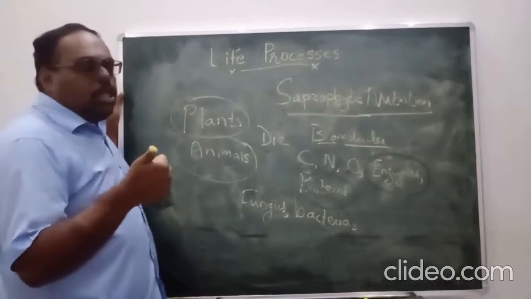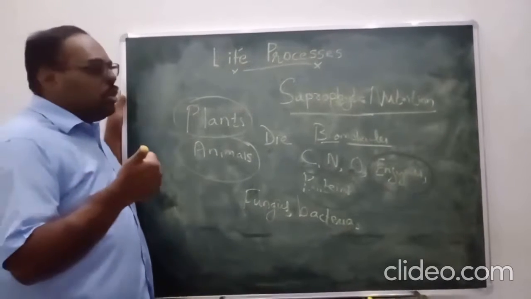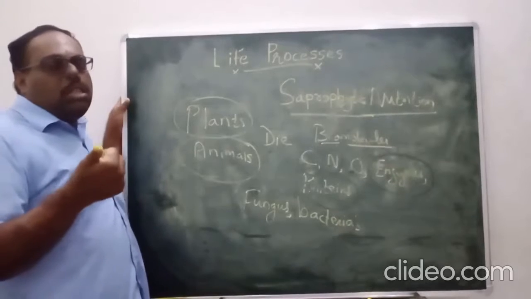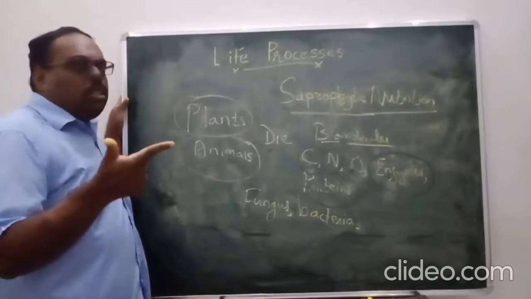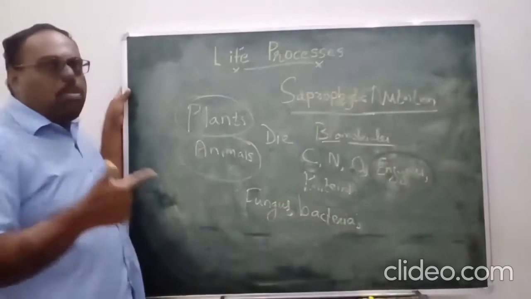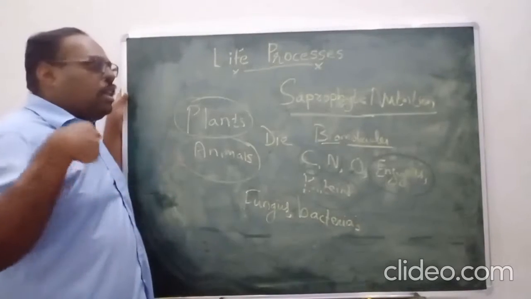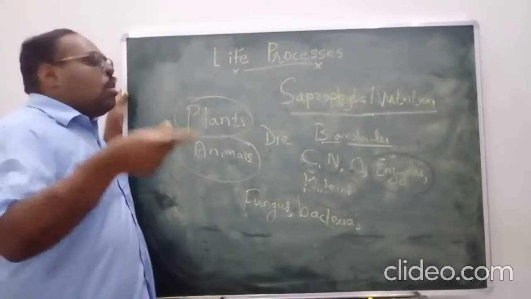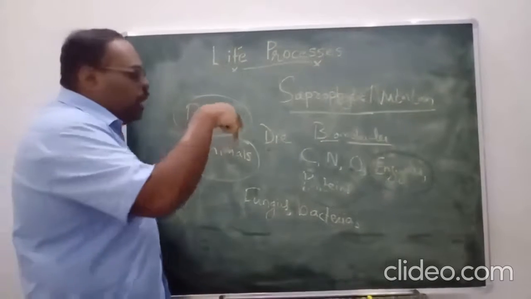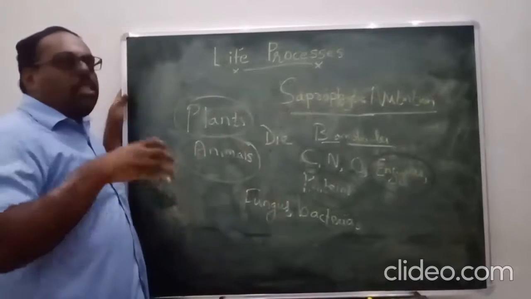One is autotrophic nutrition, meaning the plants help us by producing the food. They are the chief producers. Number two, heterotrophic nutrition. That means humans, including humans, depend upon plants for food. Number three, after the death of these organisms, those which feed on them are called saprophytes, and they take energy from that.